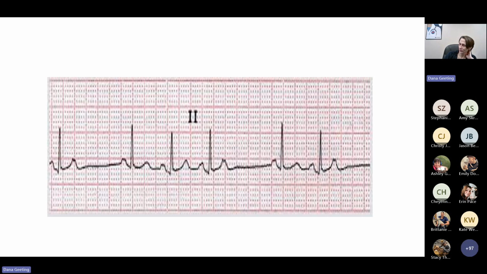So on this rhythm strip, do we have a P wave? So on this one, do you have a P wave for every QRS complex that you have? Yes.